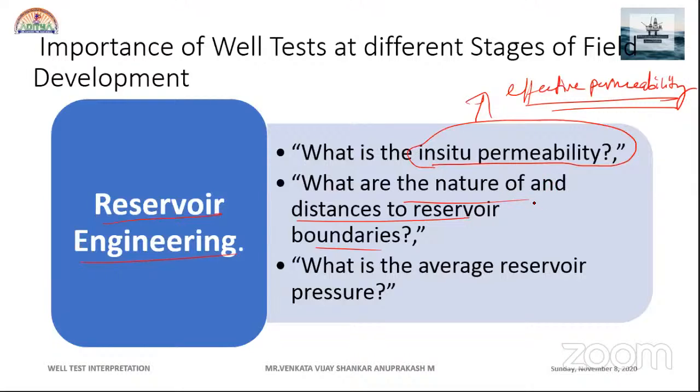Nature means what type of flow we are observing, and what type of oil it is. Is it volatile or condensate or dry gas or wet gas? All these can be found out.